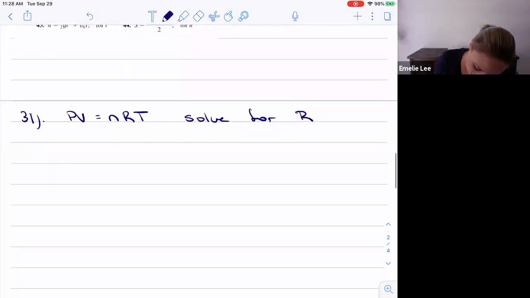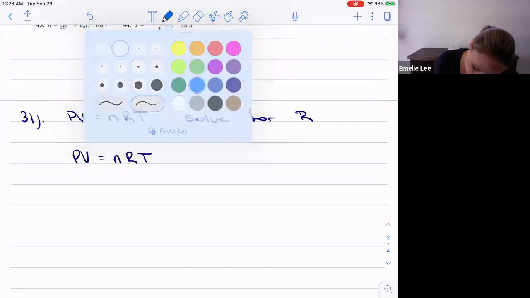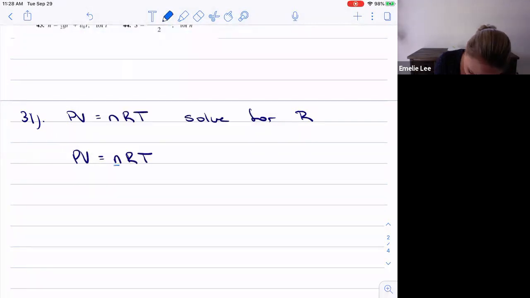And so what we have is PV equals nRT. And then in light blue, I'm going to divide both sides by nT, because what I do to one side has to happen on the other side as well.